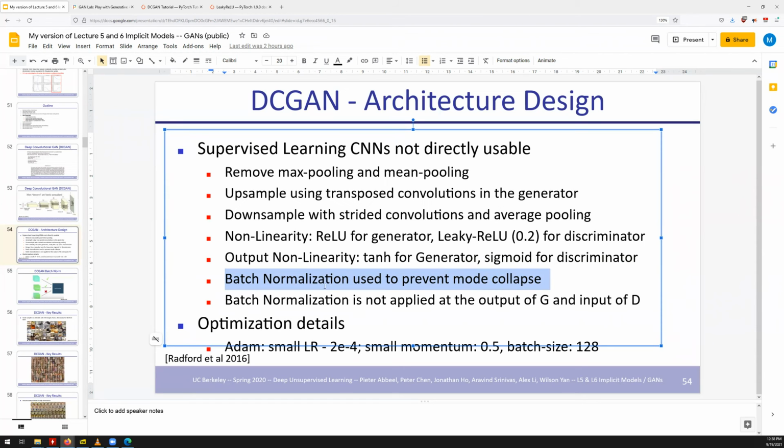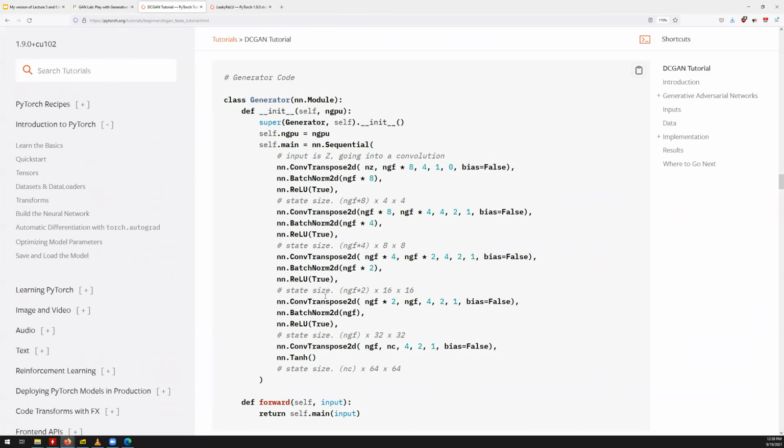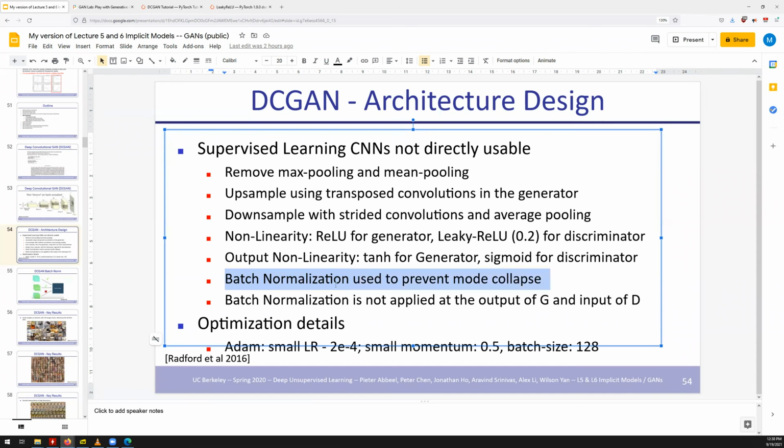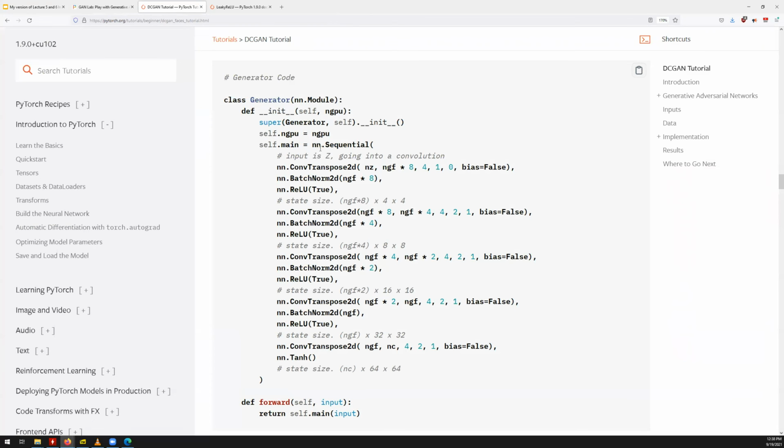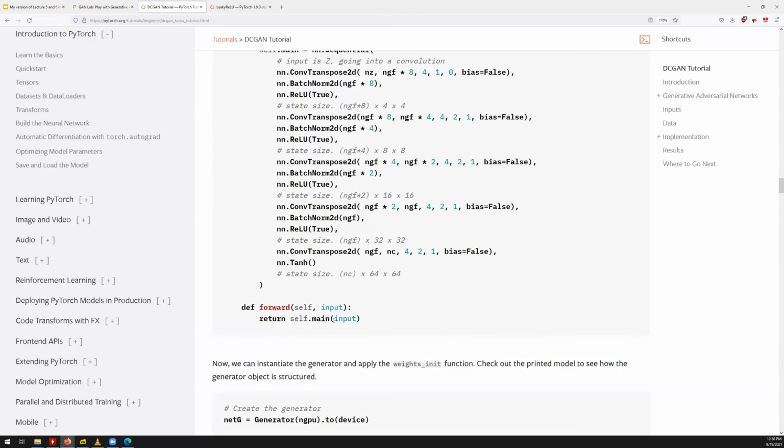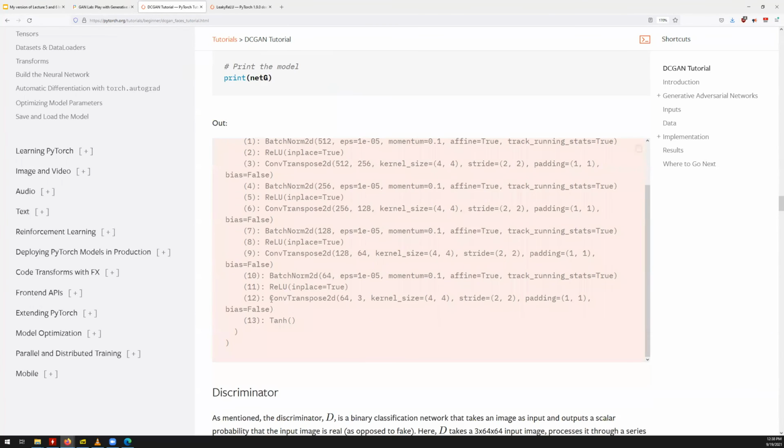Batch normalization is not applied to the output of G and input of D. So output of G does not have a batch norm, and input of D does not have a batch norm.